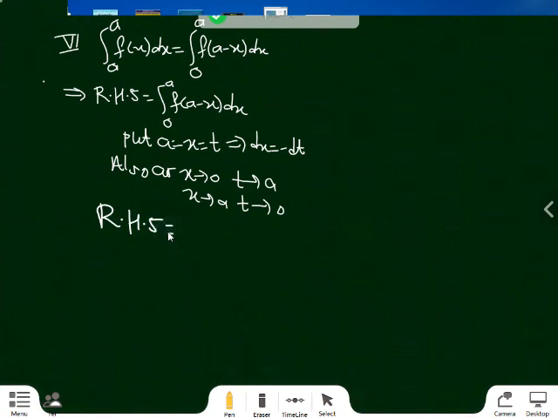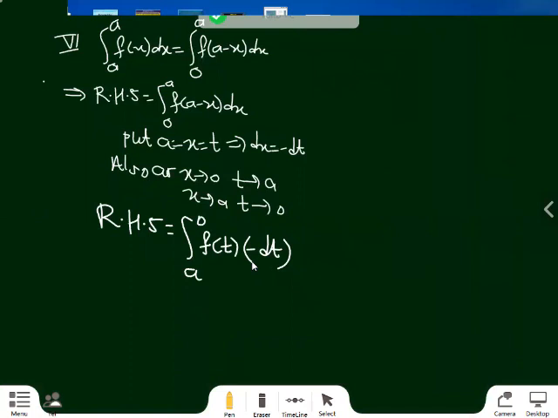RHS equals to integration from a to 0 f of t into minus dt.